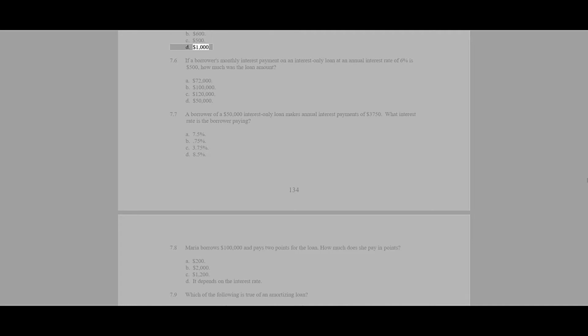D. $1,000. 7.6 If a borrower's monthly interest payment on an interest-only loan at an annual interest rate of 6% is $500, how much was the loan amount? A. $72,000. B. $100,000. C. $120,000. D. $50,000.